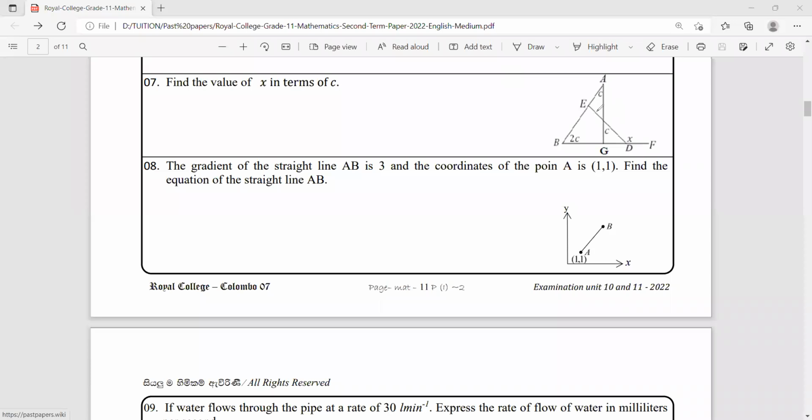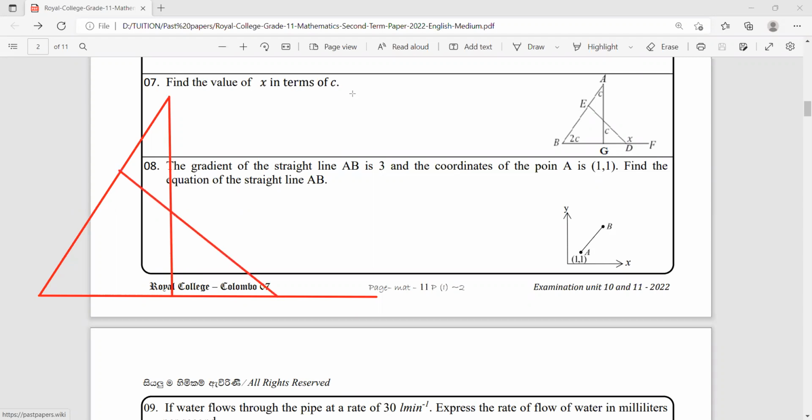In this case, I'll draw a bigger picture to make you understand this. You have something like this.